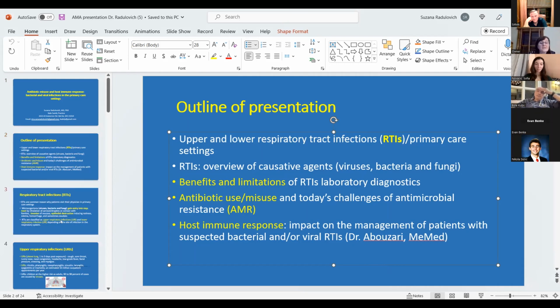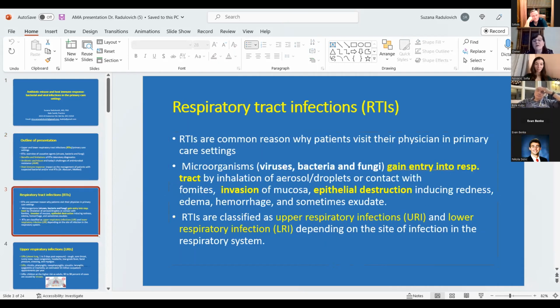Now, as you all know, or maybe you don't, let's talk about respiratory tract infection. We know that these are the major cause of visits in the primary care setting. They're caused by microorganisms: of course, viruses, bacteria, and fungi.